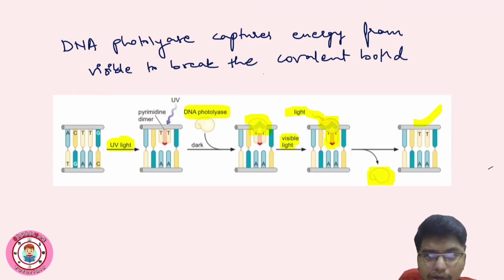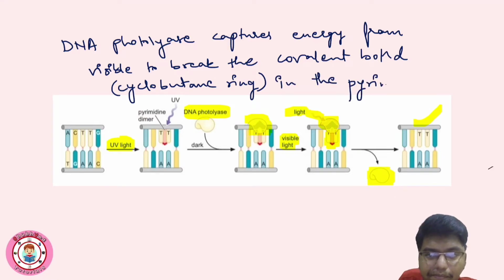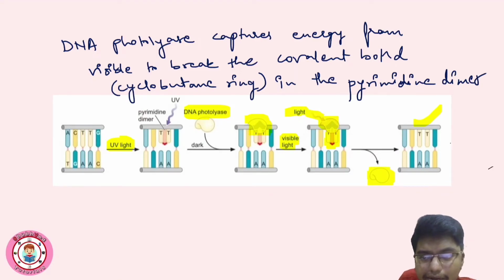Covalent bond means what? Cyclobutane ring in the pyrimidine dimer. Here the case is thymine dimer, right?